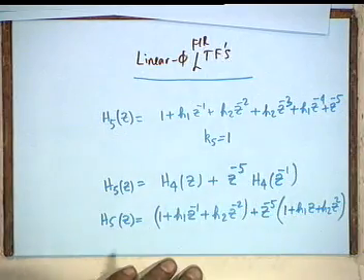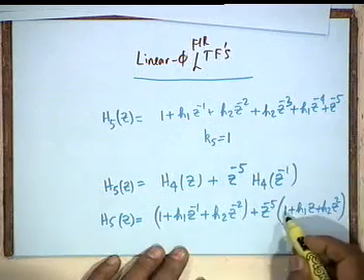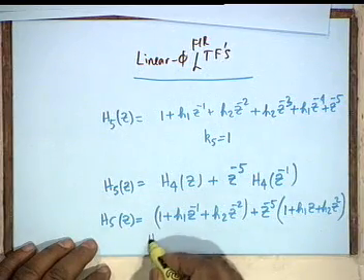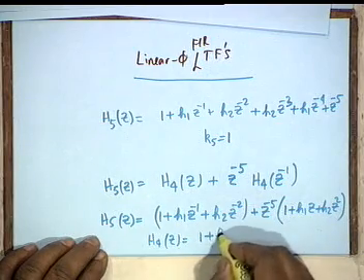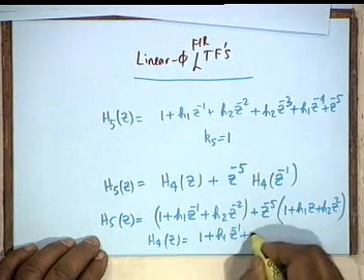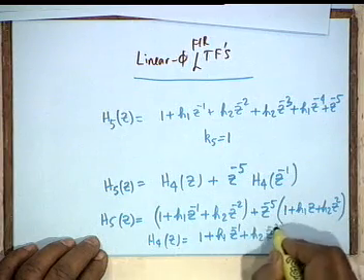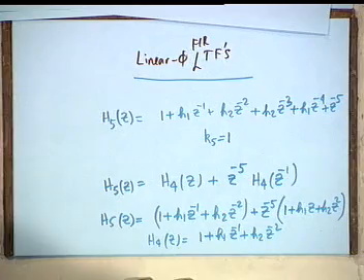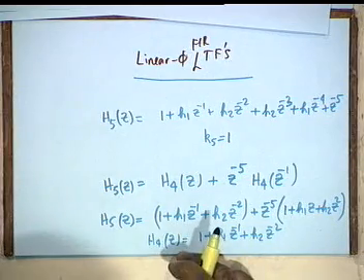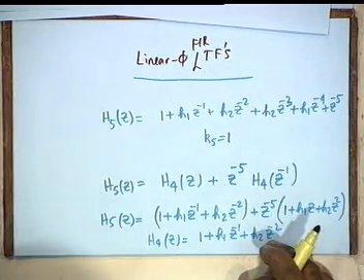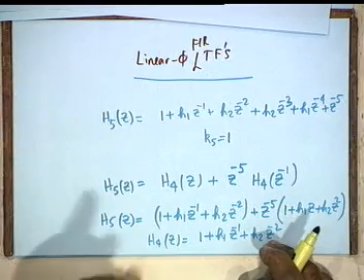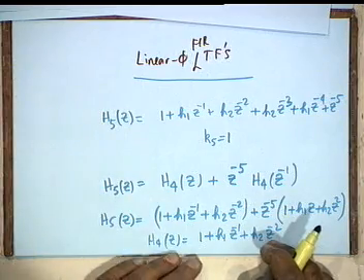Isn't my H4(z) obvious now? If you compare these two, you get H4(z) as equal to 1 plus H1 z inverse plus H2 z to the minus 2. It is a 4th degree transfer function, but fortunately we have only up to degree 2.